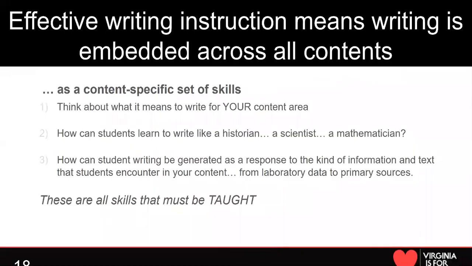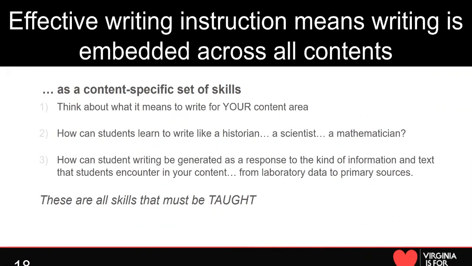And it's important to note that effective writing instruction means writing is embedded across all contents as a content-specific set of skills. And not only thinking about the type of writing you do for your job, think about what it means to write specifically for your content area.